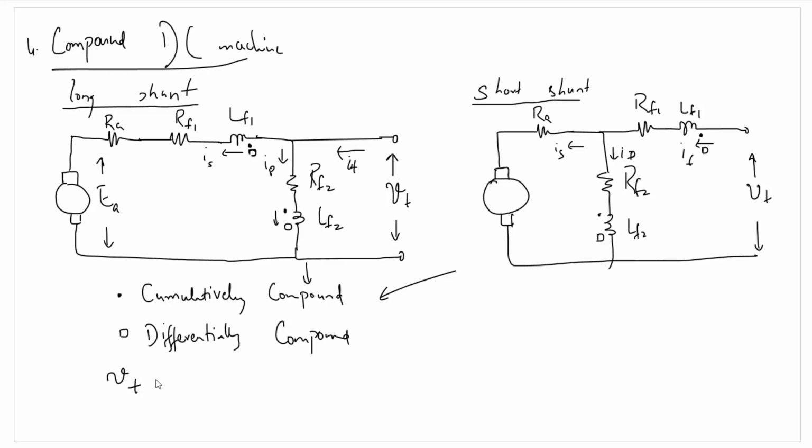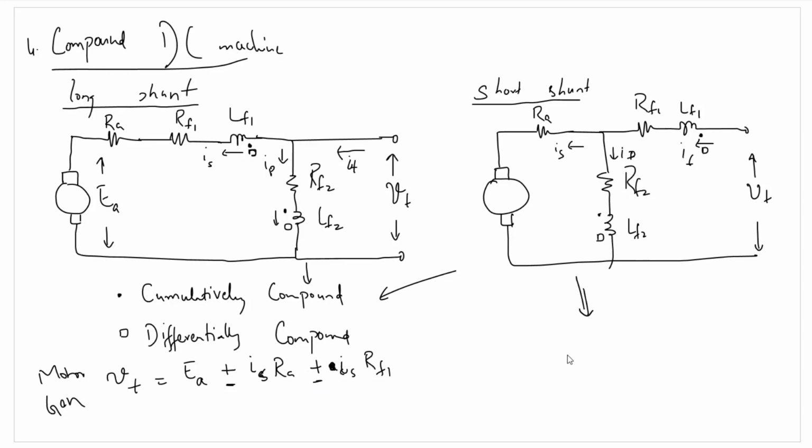In this case, for a motoring mode, Vt will be equal to EA plus IA RA plus, I denoted actually IS here, so I'll be writing IS RA plus IS RF1. This will be for the motoring mode. For the generating mode, it will simply be Vt equal to EA minus IS RA minus IS RF1.